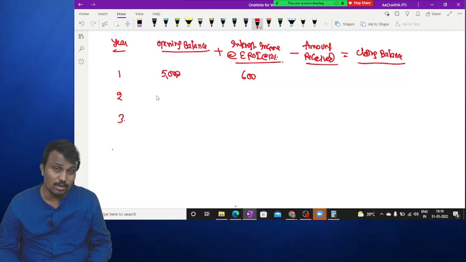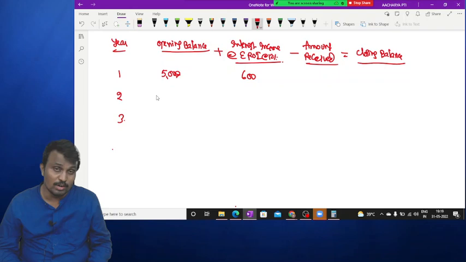And in the question they ask how to show it in the statement of financial position for the financial asset for year 1, 2, 3. Okay, I think you know the definition of non-current asset and current asset, right?